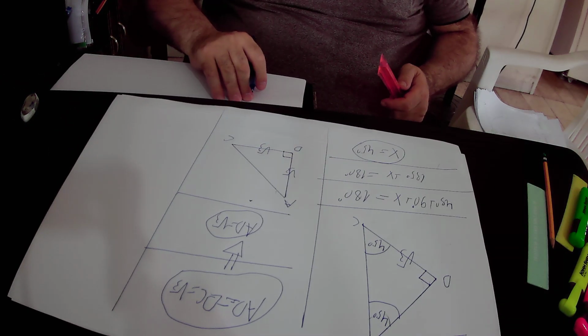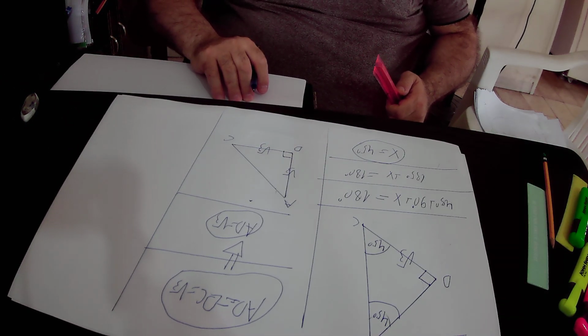So this is the right triangle, triangle ADC, that I copied from the original drawing.